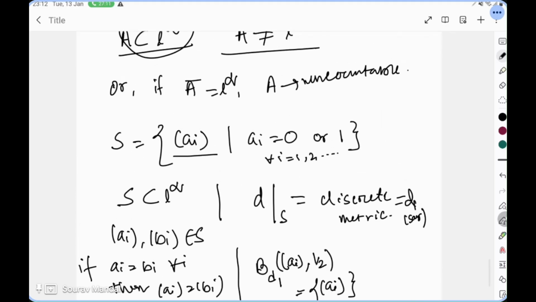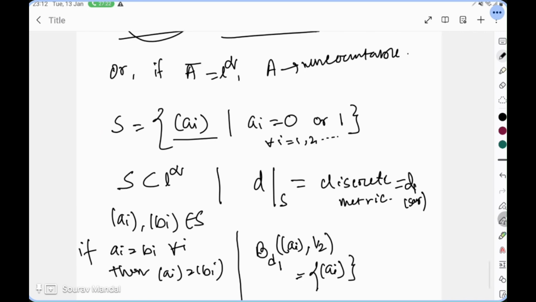Now, if you consider this set S, tell me whether this set is uncountable or countable. Uncountable. Why?